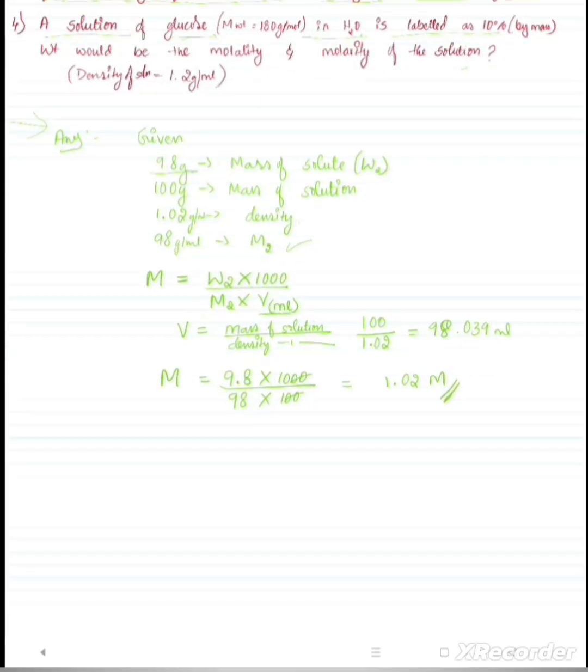For this fourth one, what will you write in the answer? Given: W2, the mass of solute, is 10 gram, because it is a 10% glucose solution, meaning it has 10 grams of glucose.